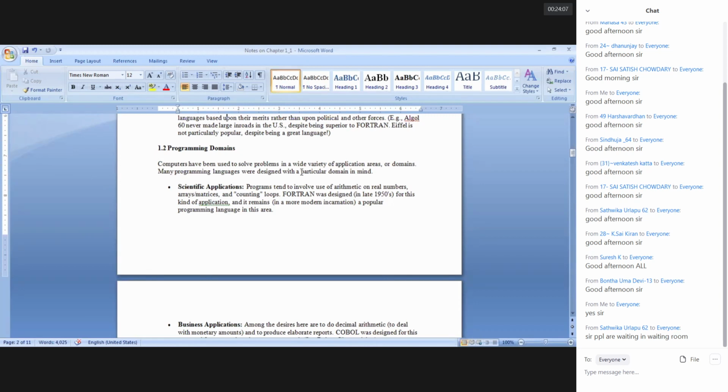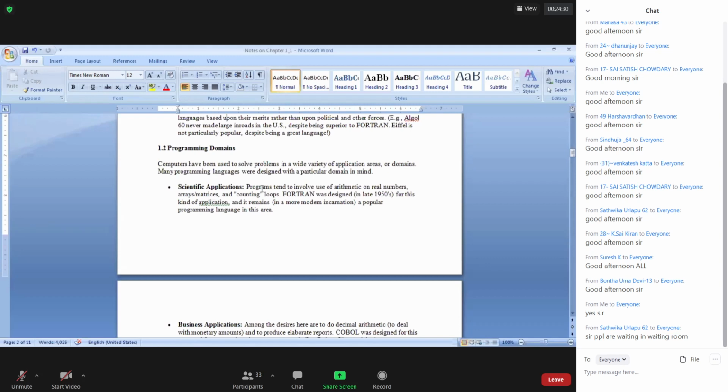Like Fortran was designed by keeping in mind that Fortran is more suitable for scientific applications because they need more calculations with more preciseness, more accuracy.